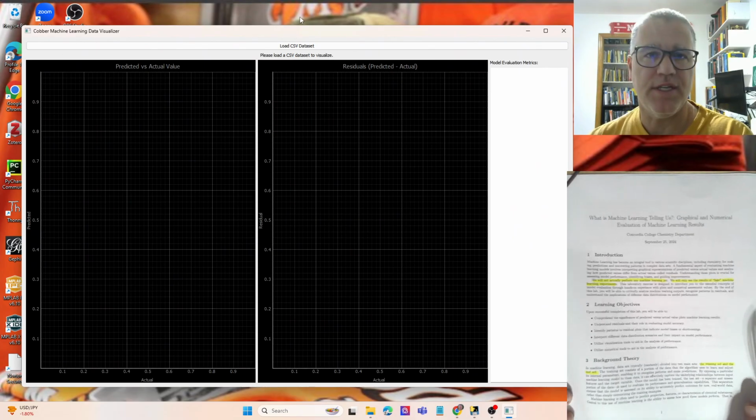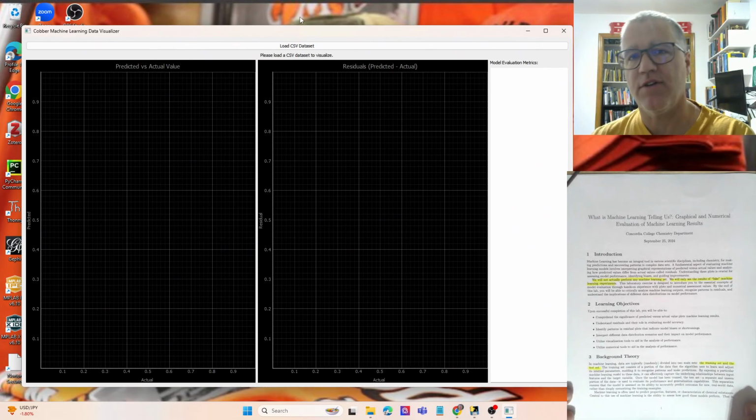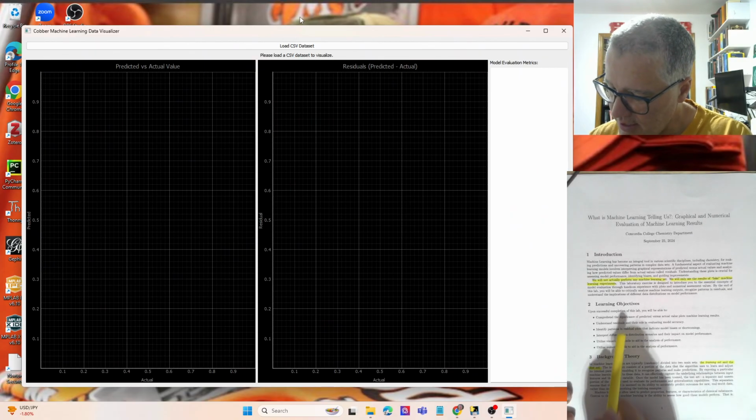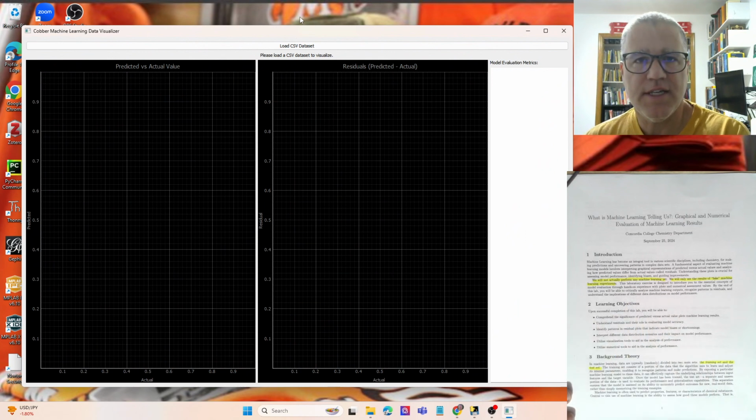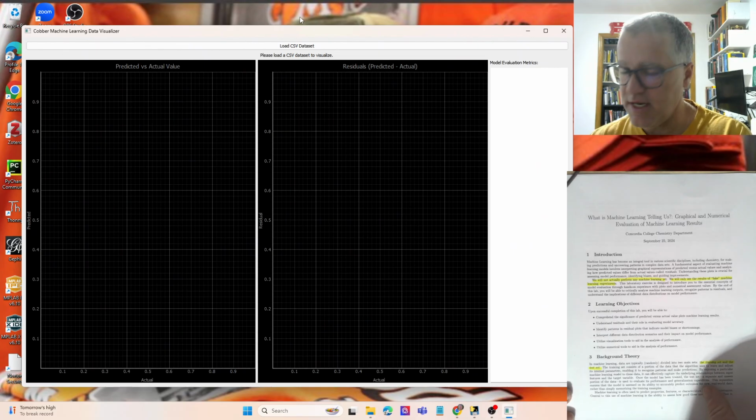And so the ideas we learned today will carry over when we're evaluating those models. Now, our learning objectives here are to get a feel for both the pictorial or graphical representation and the numerical representation. So absolute predicted versus actual, and residual plots, along with mean absolute error and mean square error.